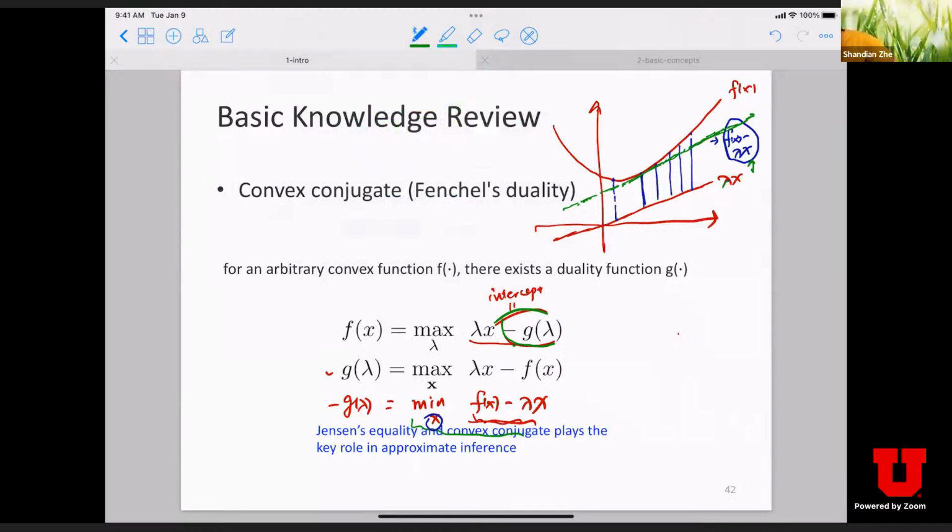At the touch point, this line segment is shorter than any other line segments. Why? Because for any other line segment, f of x is going upward while this line is still flat, so there's always some difference here.